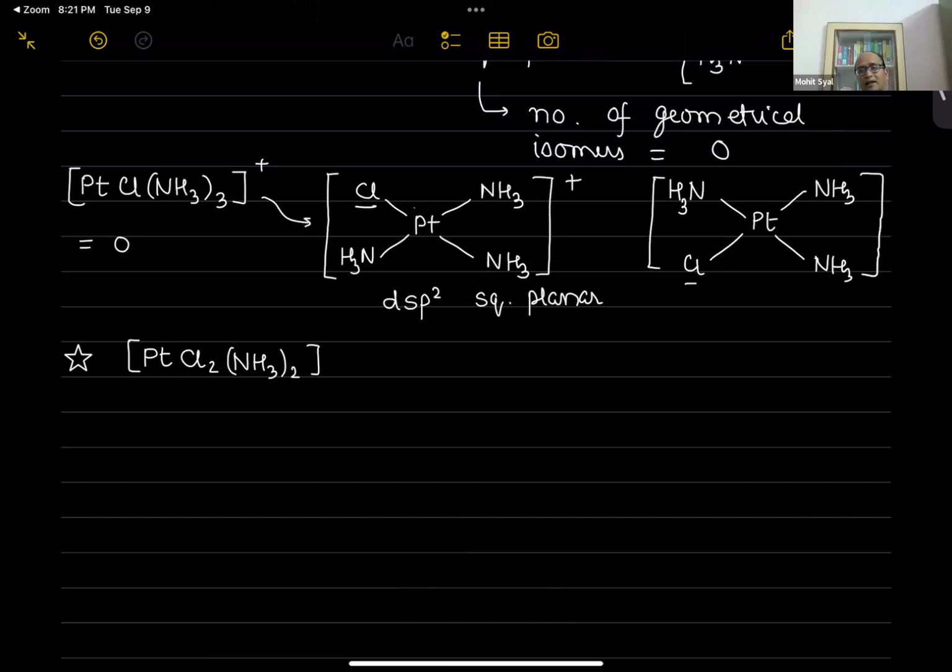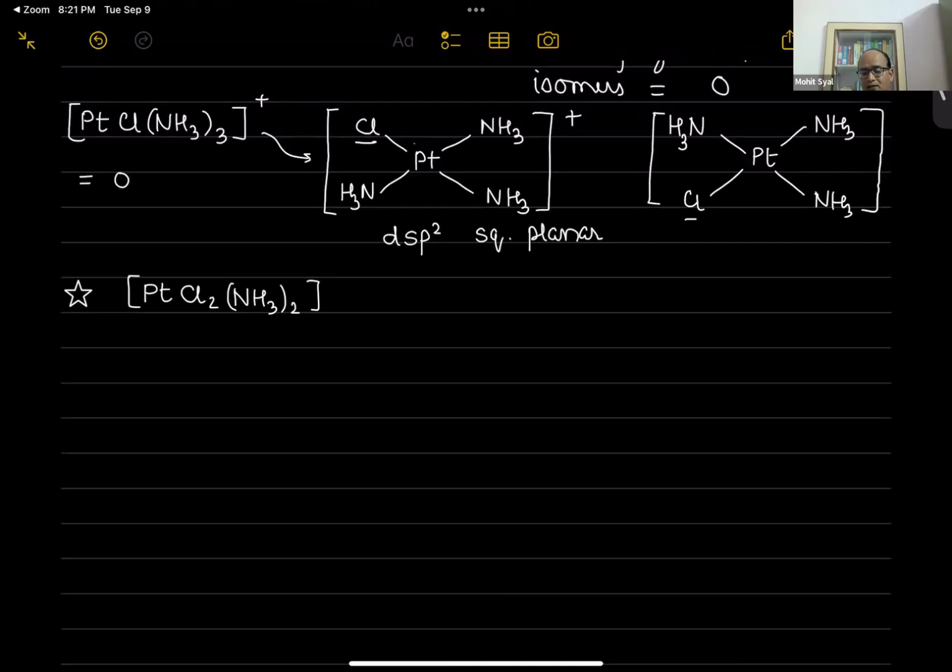So cisplatin was used as an anti-cancer drug. We have seen. So cisplatin and transplatin is the one which is going to show the geometrical isomerism. This is cis. Why is it called cis?